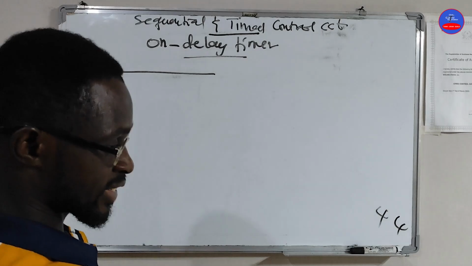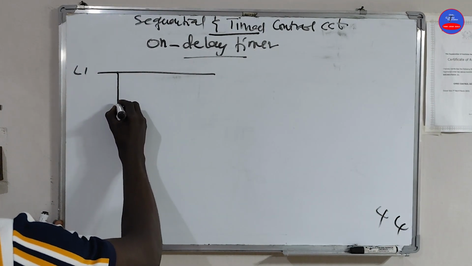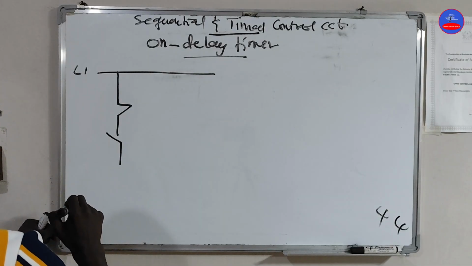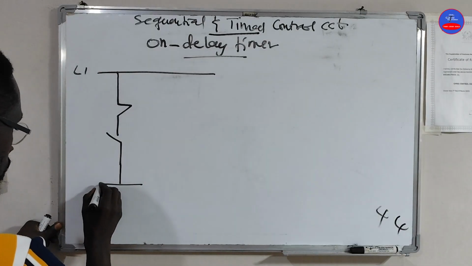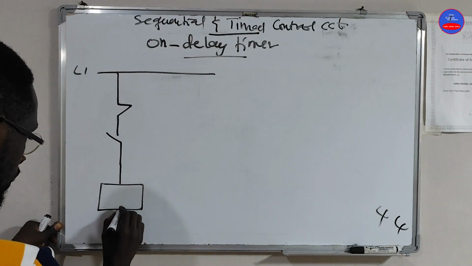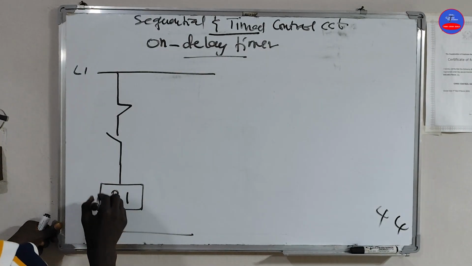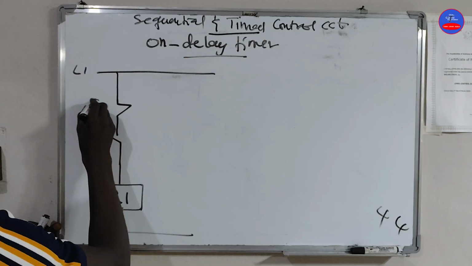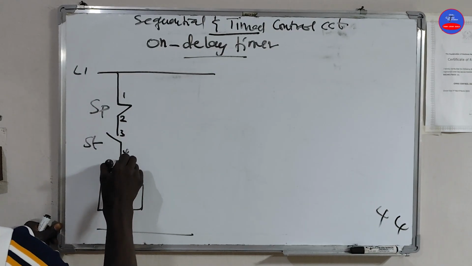So we are designing a simple circuit. This is our stop button, and then our start button. And then we have a relay. We are using a relay, so let's make it R1. Our start button and then our stop button, 1 and 2, 3 and 4.